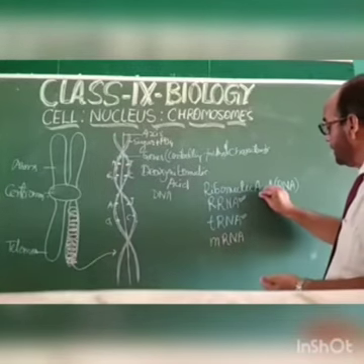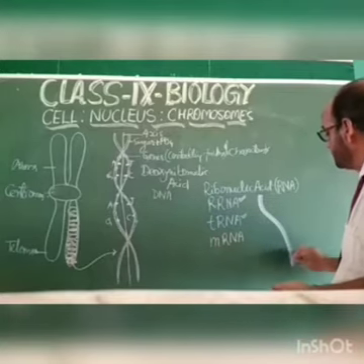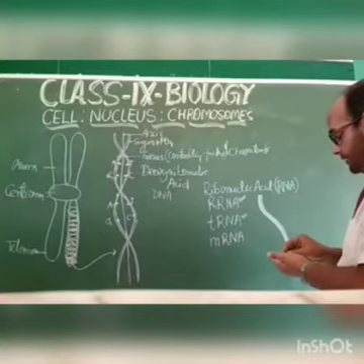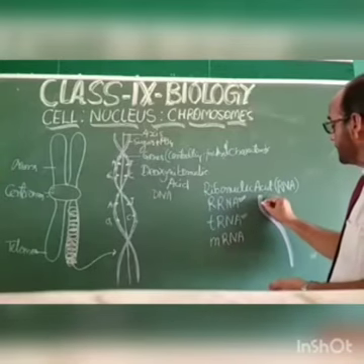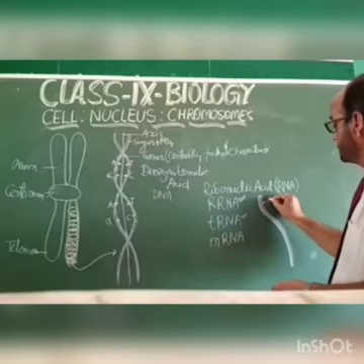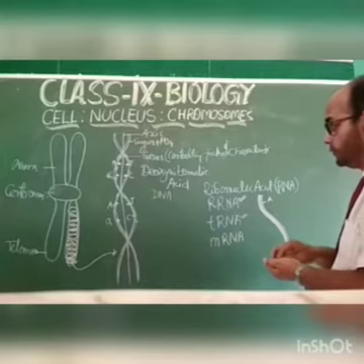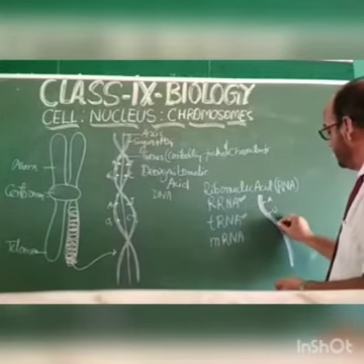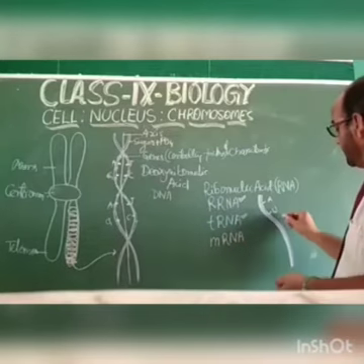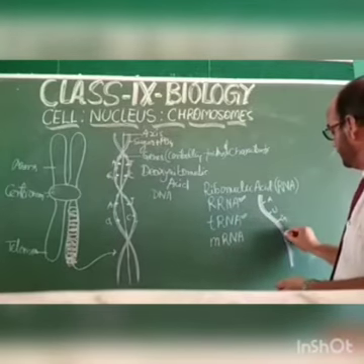So RNA is a single strand, which has nitrogenous bases like A, U, G, and C.